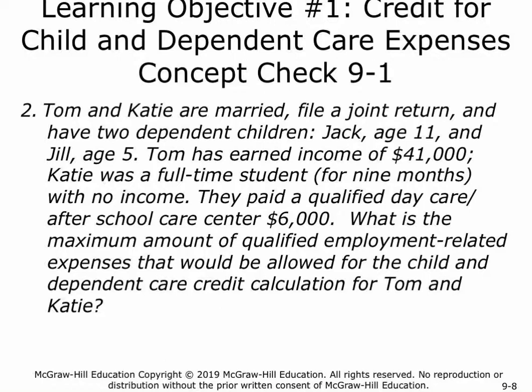So it'd be the $500 times the 9 months. So the amount of expenses would be limited here as $4,500. It would also still use the $41,000 for the AGI for a calculation of 21%, but that wasn't what the question's asking for here.